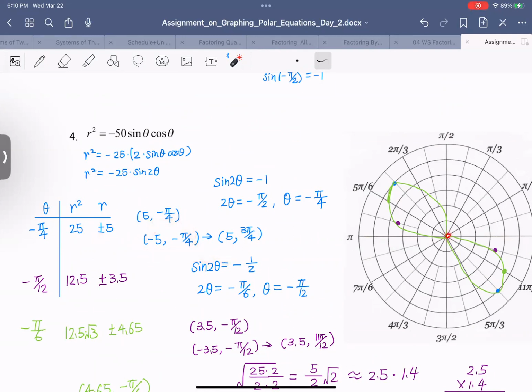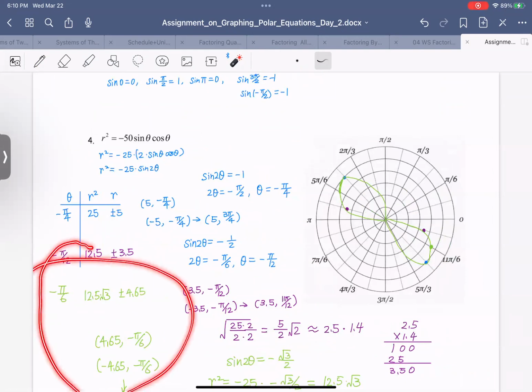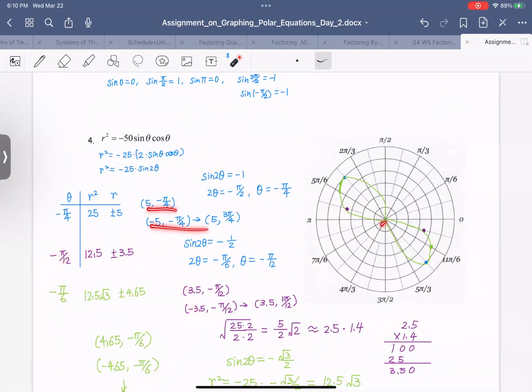So during the real test, if you don't have enough time, you can skip this. You can point to this guy, you can write down the longest one. And you know this is a typical landscape. When you have r squared equals a positive or a negative number, doesn't matter.